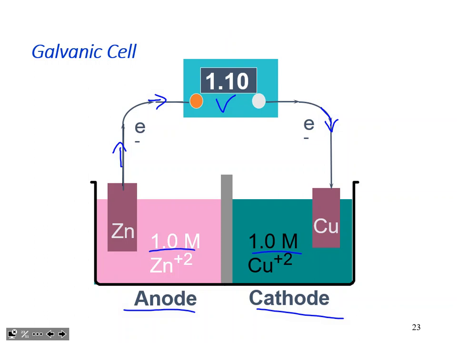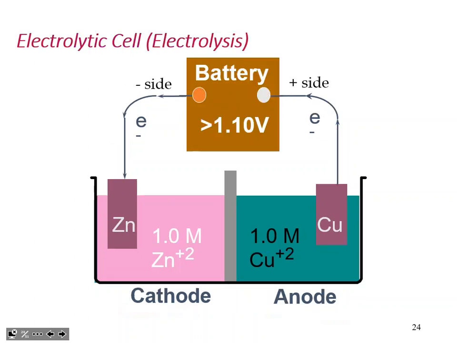Basically what you're going to see is the chambers switch places. All right. The copper side is now the anode, or the oxidation side. The zinc side becomes the cathode. So you're running it backwards. Also, you notice that the battery was attached with a voltage that was greater than the 1.1.